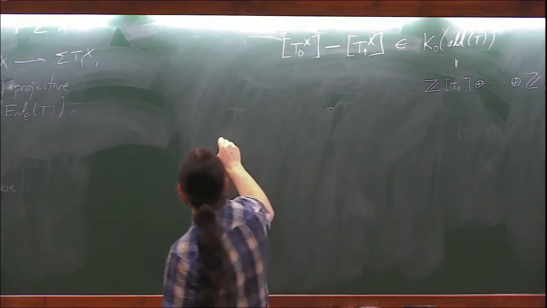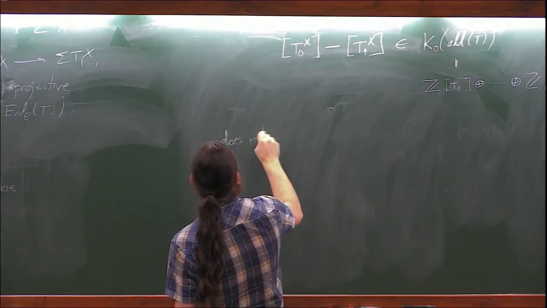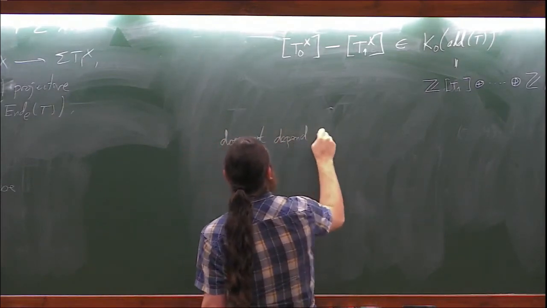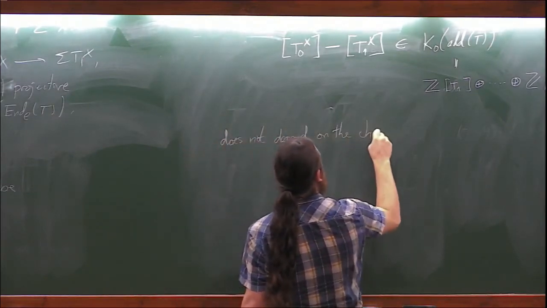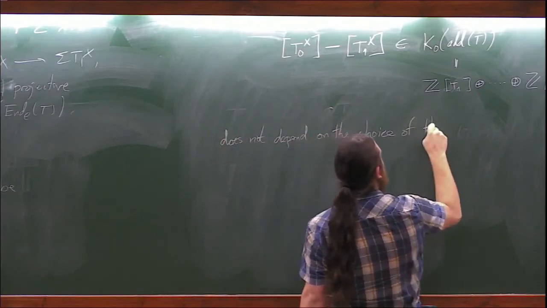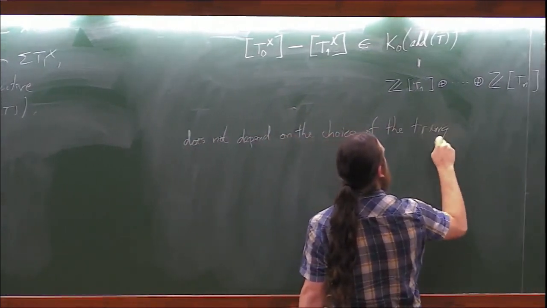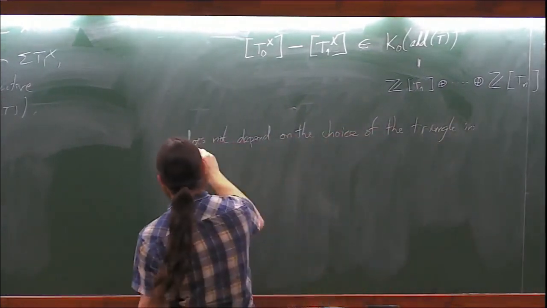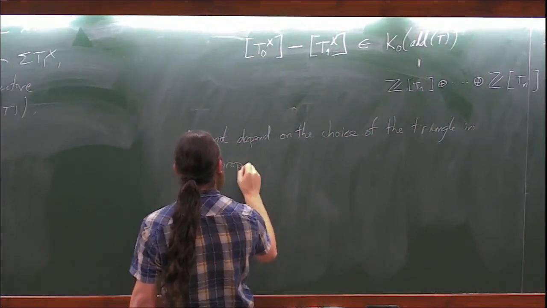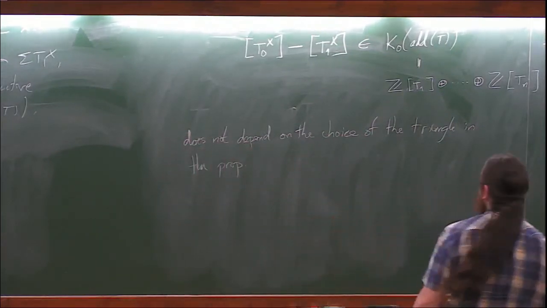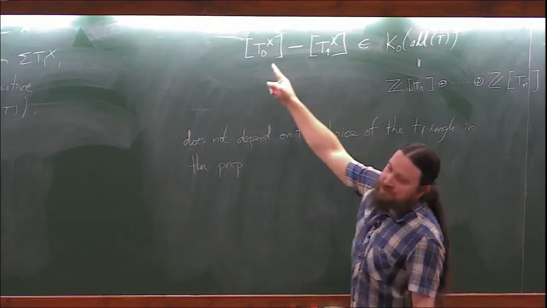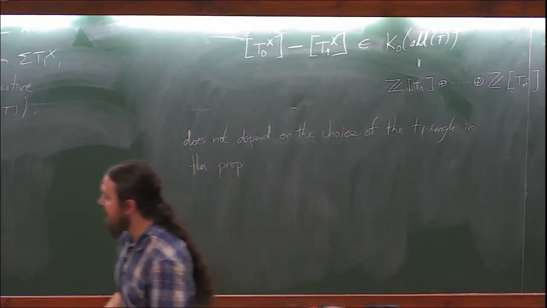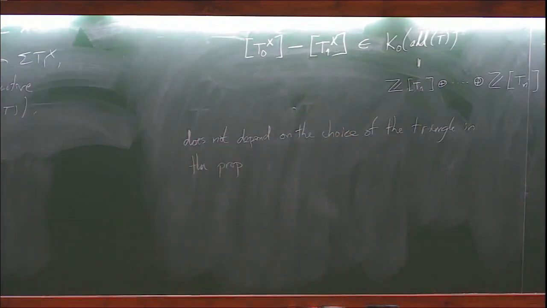So this does not depend on the choice of the triangle in the proposition. So if you want to see what this is, you can say T1 of x and T0 of x, these are objects in add T.